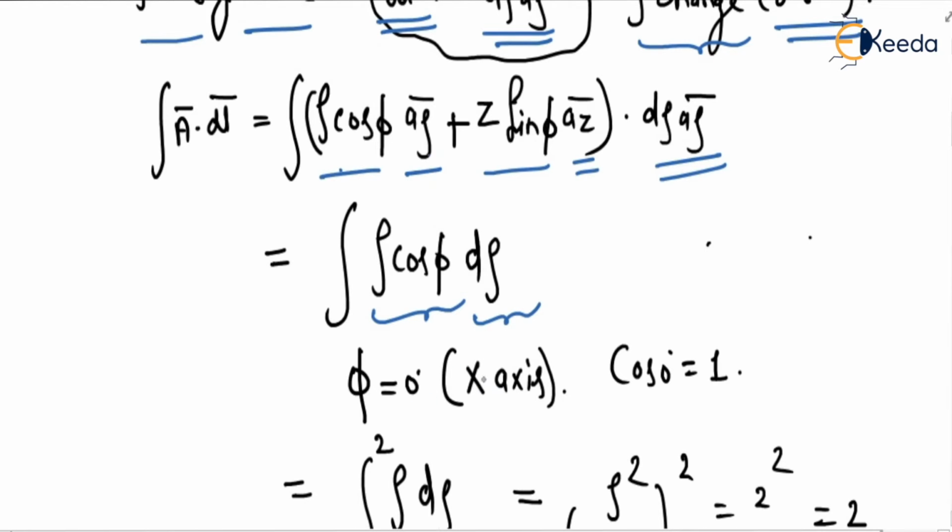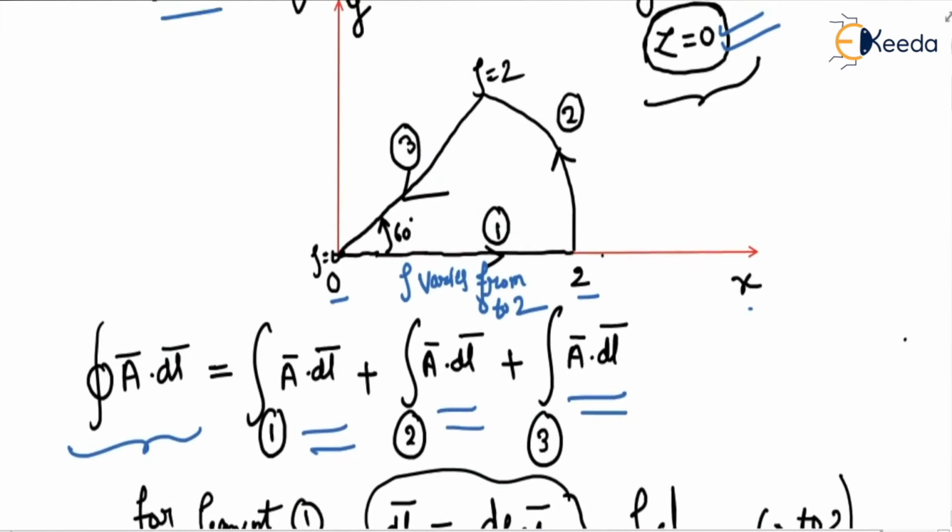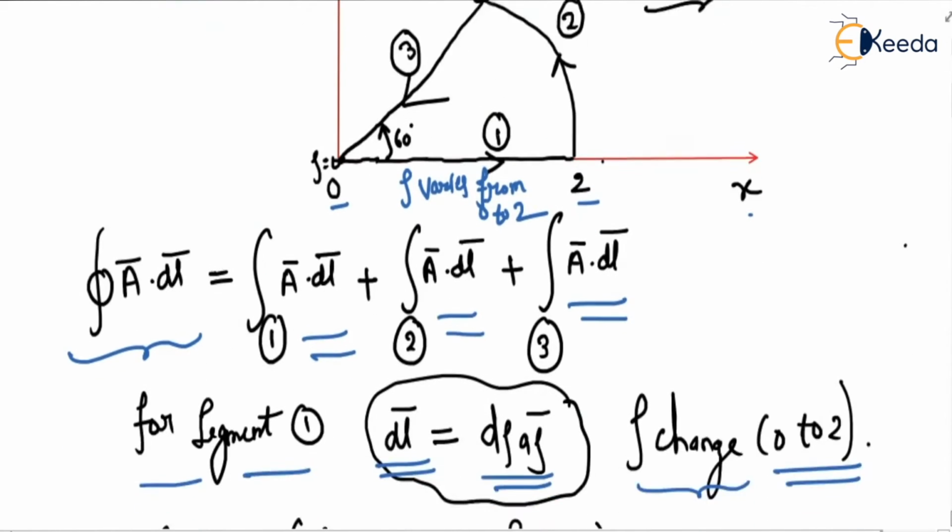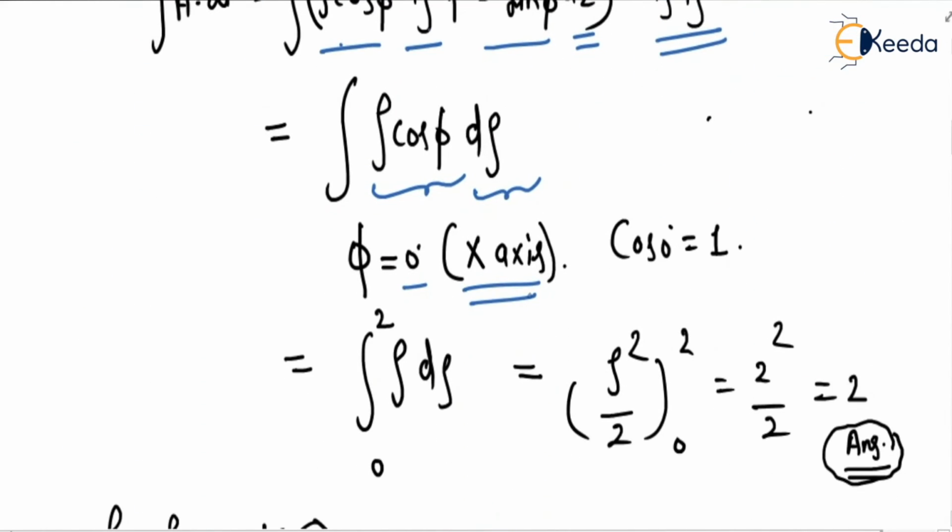Now phi is 0 degree because phi is measured from the x-axis, and the first segment is on the x-axis. If phi is 0 degree, then cos 0 is equal to 1.